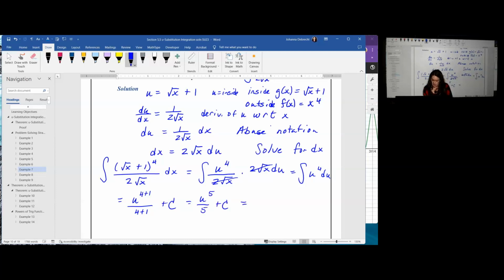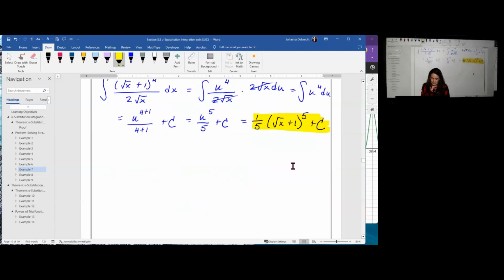It's an indefinite integral, so I must return to the original, and I'm going to write it as 1/5 times the quantity root x plus 1, all raised to the 5th power, plus the constant of integration. Do not forget to return to the original independent variable or to add the constant of integration. I've been known to take off 20 to 30% a piece for such errors.